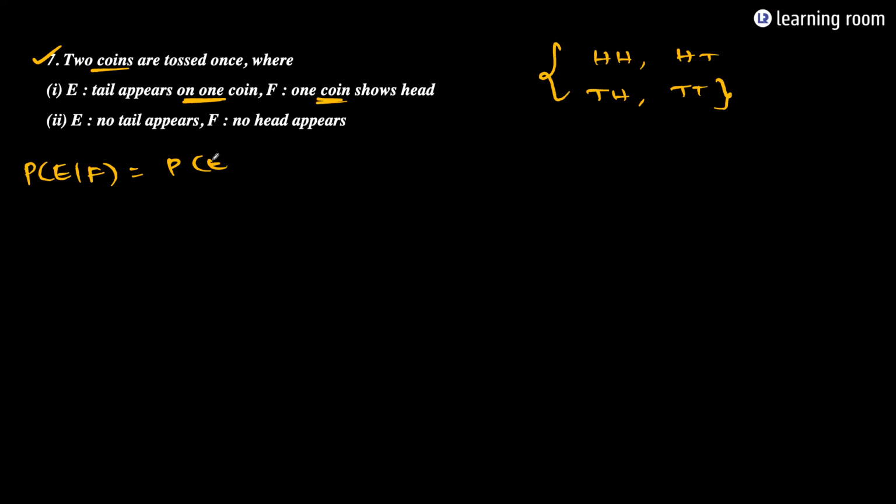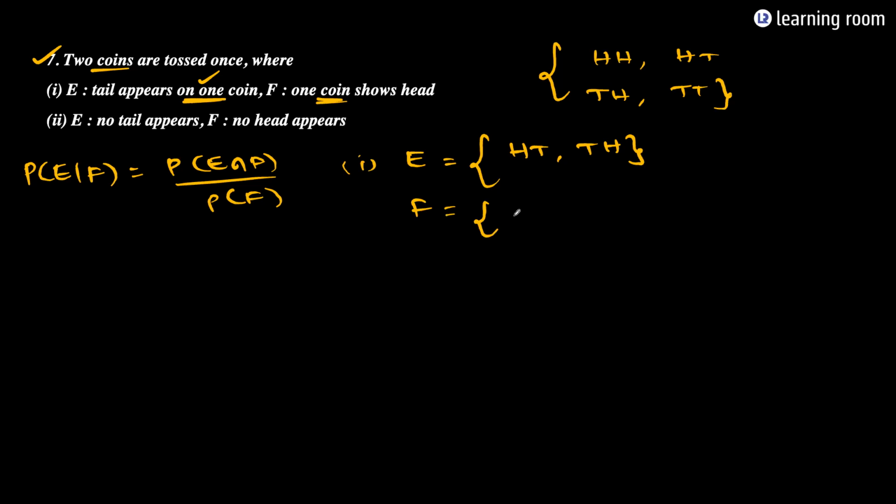Probability of E given F is probability of E intersection F by probability of F. In the first case, what is the value of E? Tail appears on one coin. Meaning, what are the elements I should take? Head, tail; tail, head. That's what they told, tail appears on one coin.